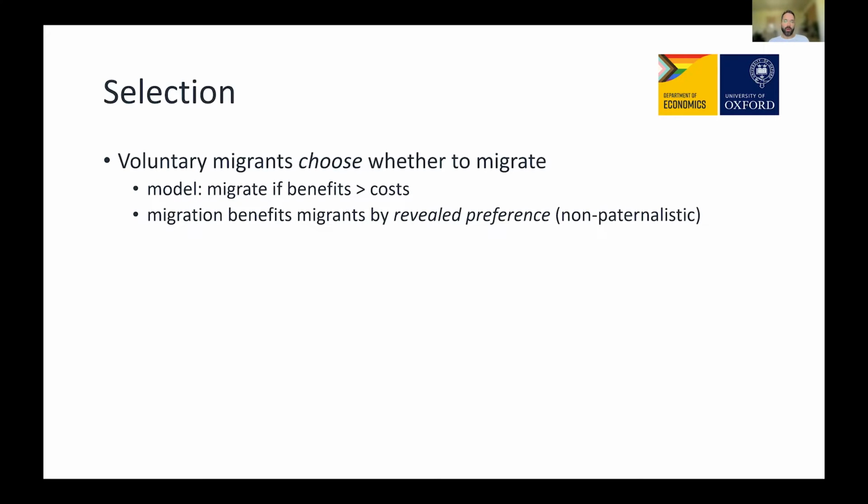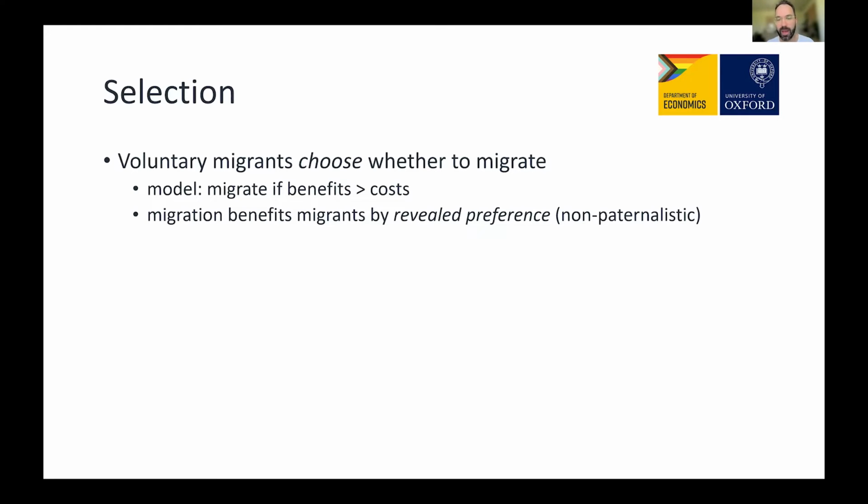All right. So as long as we're in the realm of voluntary or at least partially voluntary migration, migrants choose whether to migrate. And economists invariably have a pretty simple model of this, where you migrate if the benefit outweighs the costs.